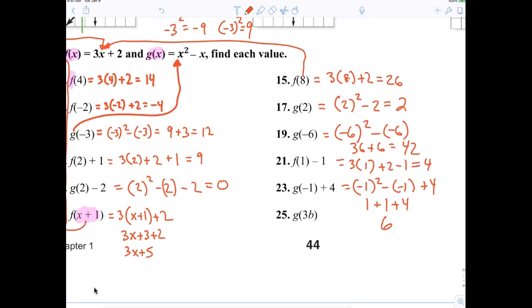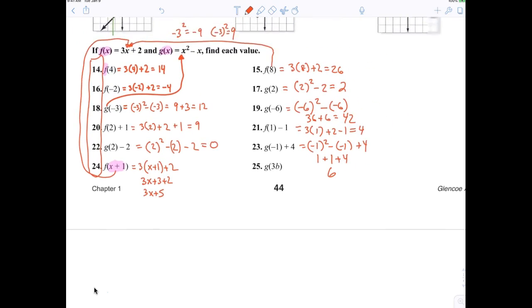What do I do? Equals 3b squared. Good job. Now I need you to put in parentheses. And then what? Then you do minus 3b. Exactly right. Okay, now I got to ask you a tough question.